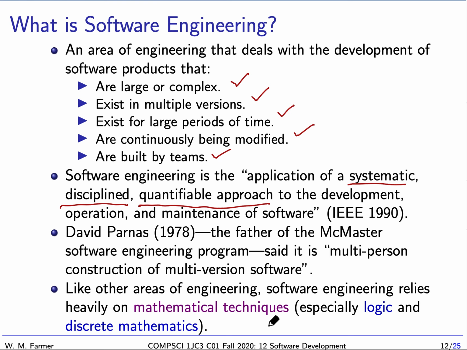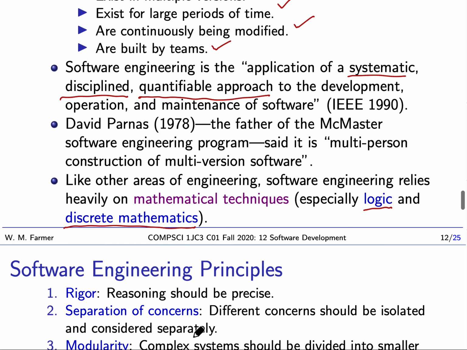In most areas of engineering, the main kind of mathematics used is continuous mathematics, calculus and analysis. But in software engineering, the main kinds of mathematics are logic and discrete mathematics. So you'll be taking other courses in those areas.